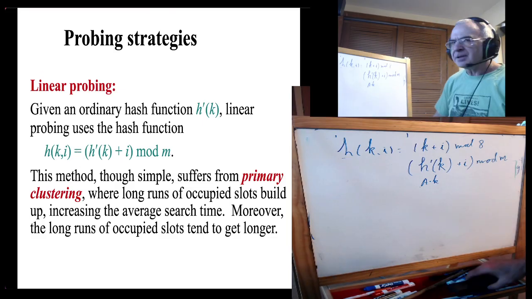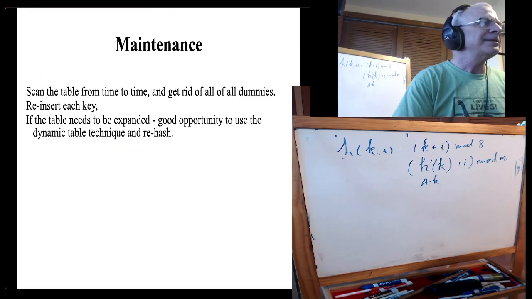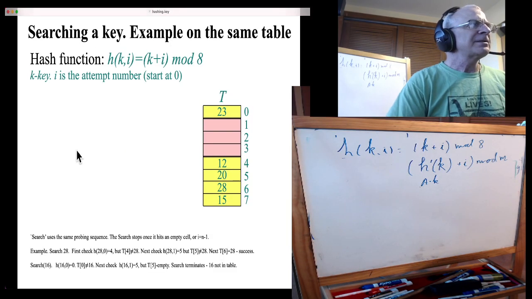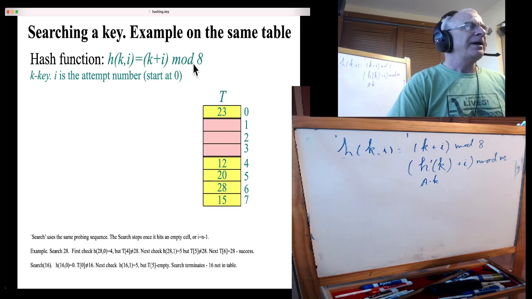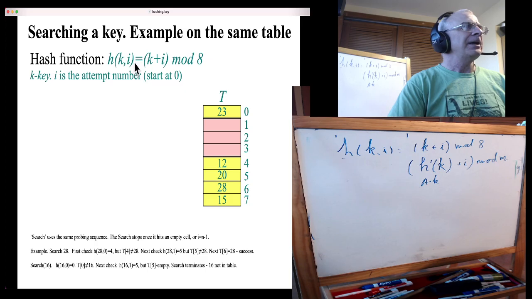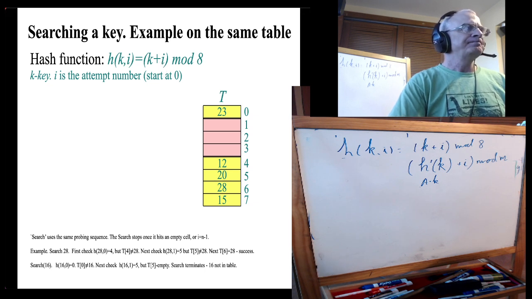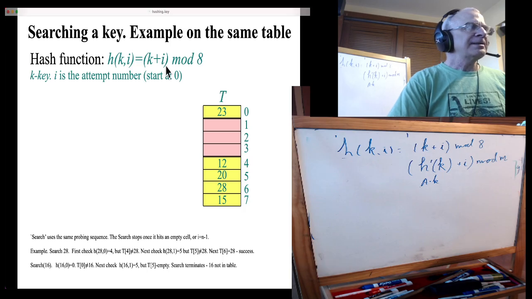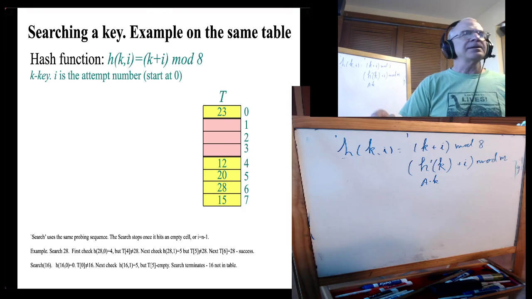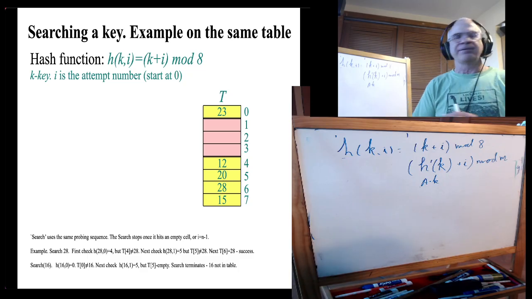Because let's go back a few slides. We are using this type of function that is linear probing, and let's pretend that I'm doing a search of 84.